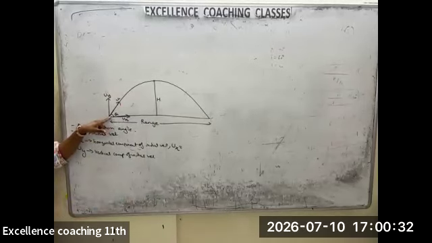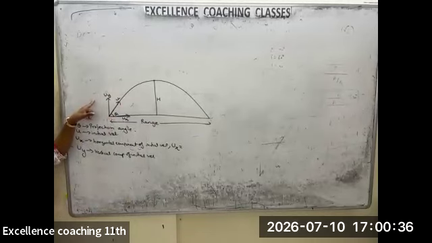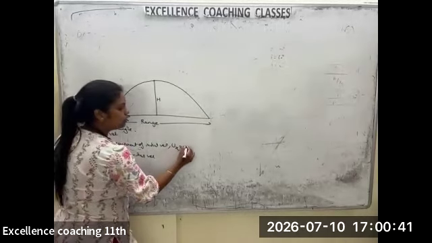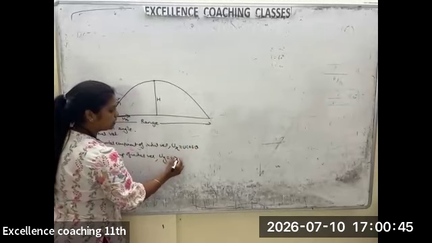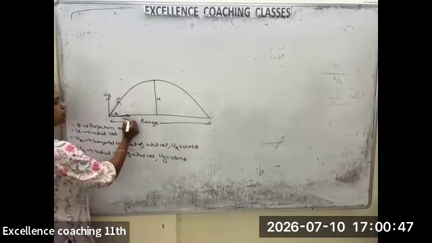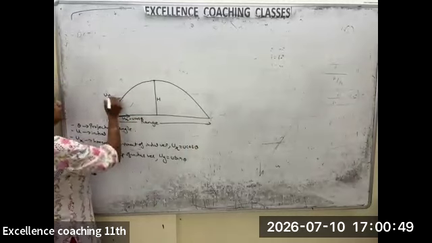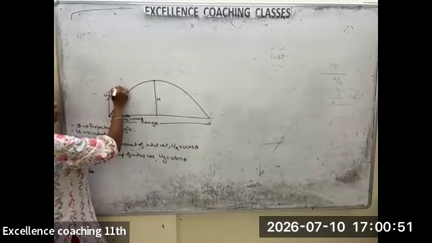The line which is nearer to theta is called u cos theta. Line away from theta is called uy. So ux will be u cos theta. uy will be u sin theta. So this equation will be u cos theta and this equation will be u sin theta.